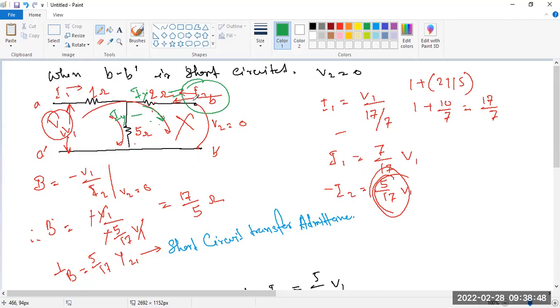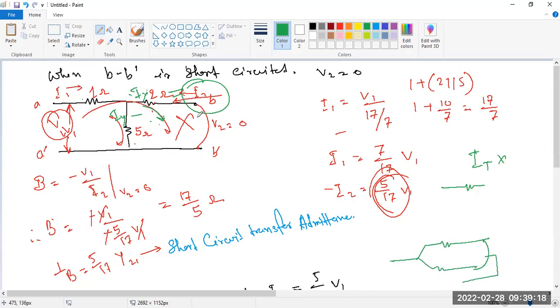You can't directly calculate this I2, but in this simple circuit, just use the current division rule. Just remember this current division rule. Main current, main total current, this is I1. This is total current into opposite resistance.